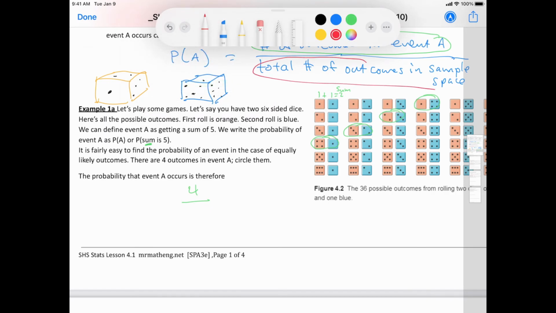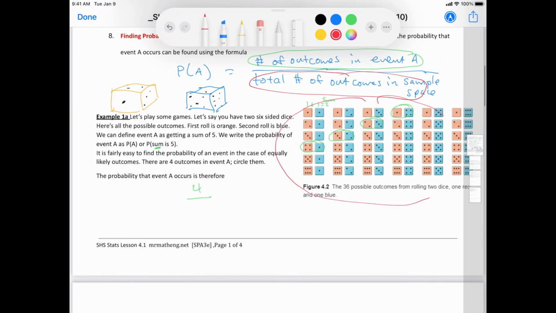The total number of outcomes in the sample space is all of the dice combinations, and there are 36 of those. If you divide those, you will get 0.111, or an 11.11% chance of rolling a sum of 5.